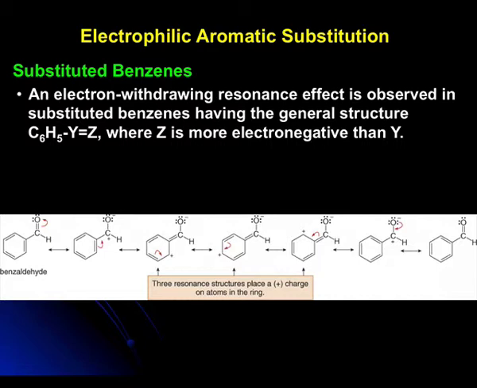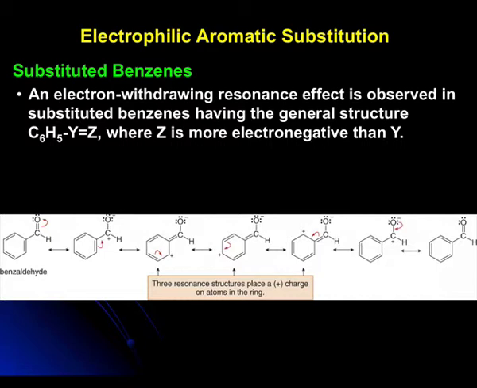So groups that activate the reaction are going to increase the reaction rate relative to unsubstituted benzene. The rate's going to be much faster, and it's going to direct that incoming electrophile to positions 2, 4, or 6.